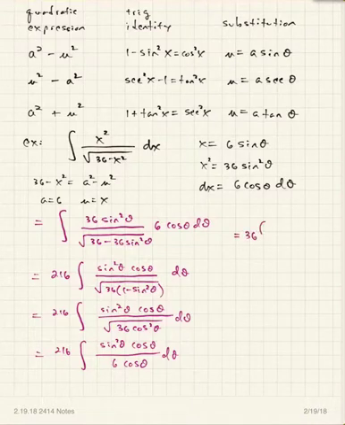So you have 36 times, and then the cosine divides out, and so we are just left with sine squared theta d theta. That is an integral that we can definitely work with, right? We know how to deal with that kind of an integral.